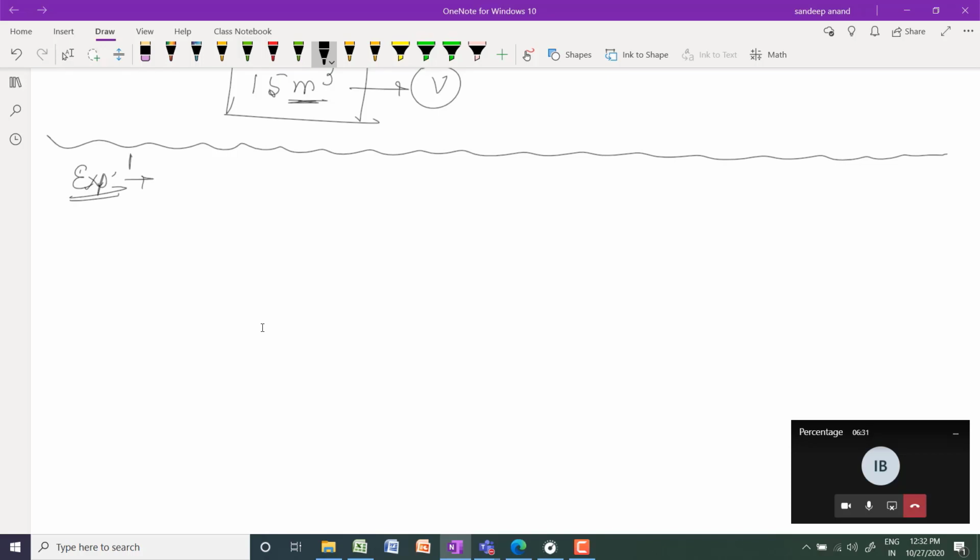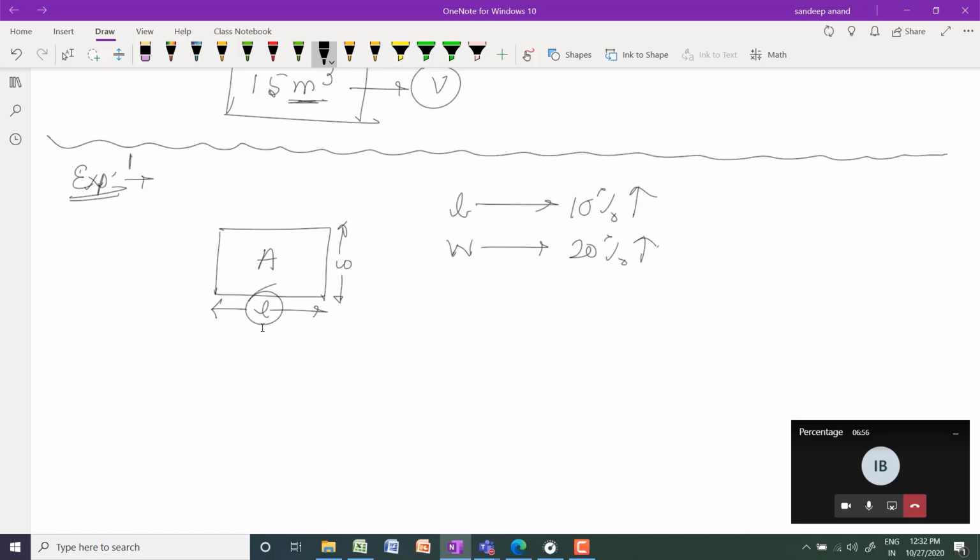In the first example, suppose this is the area of a rectangle which has length and width. The question is, if the length L of a rectangle is increased by 10%, and your width is increased by 20%, initially it was L into W only, but now you change your length by 10% and width by 20%.